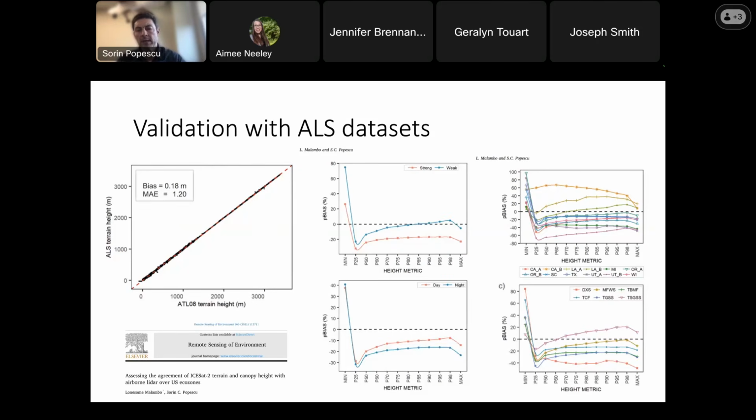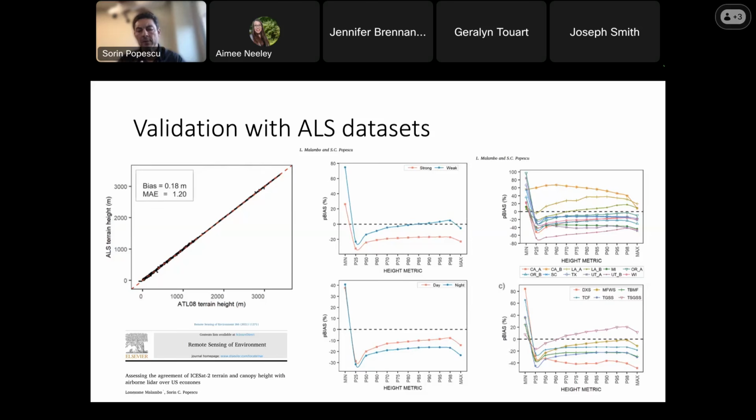With respect to canopy properties, we investigated both the strong and the weak beams and looked at the time of acquisition, whether day or night acquisition, and we looked at multiple ecozones within the continental United States that were spanning from desert and xeric shrublands to Mediterranean forest, woodlands, scrub, to temperate broadleaf mixed forests and conifer forests.